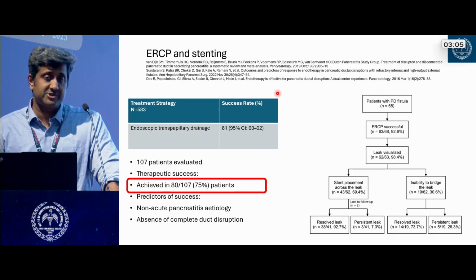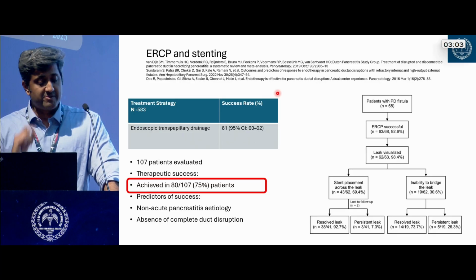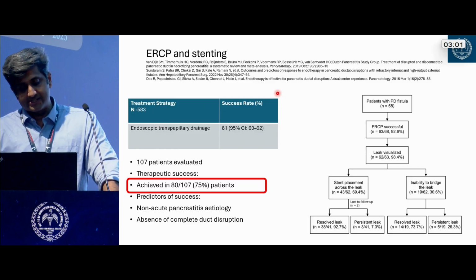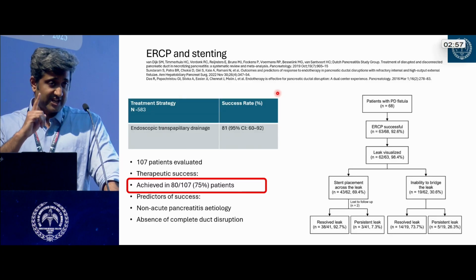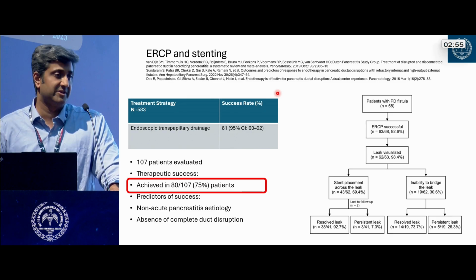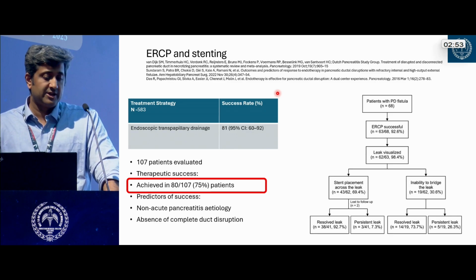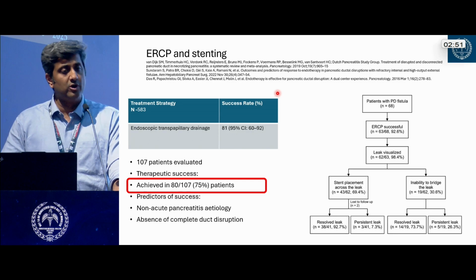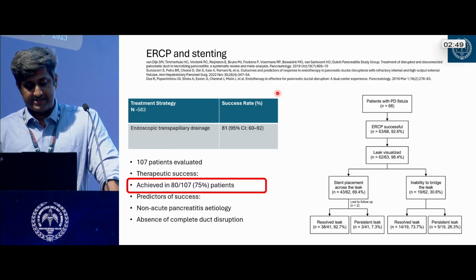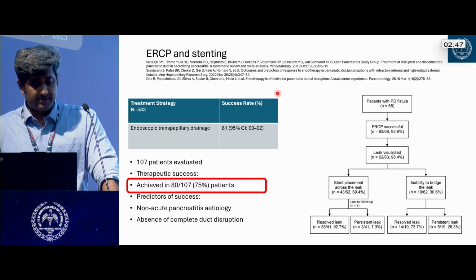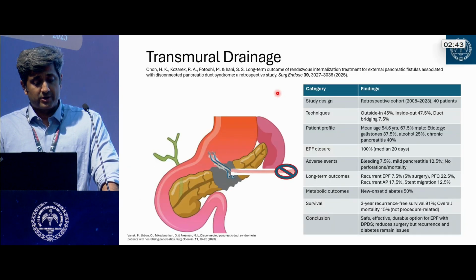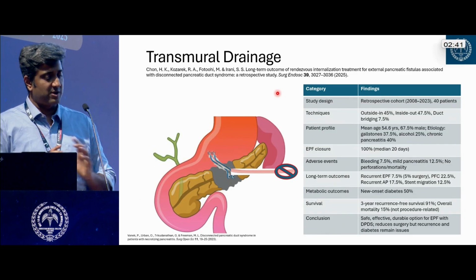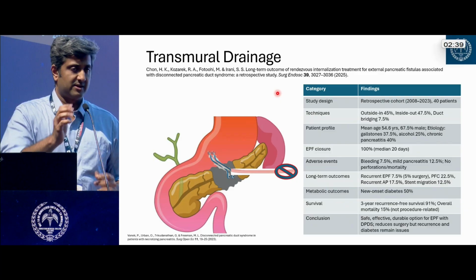So partial disruption, stent, over 90% success. In 1/3, if you're not able to bridge with a stent, you still succeed 75% of the time. So definitely there appears to be a role of ERCP transpapillary stenting in this situation. But what everybody is interested in, I won't talk about duct disruption because I think Dr.